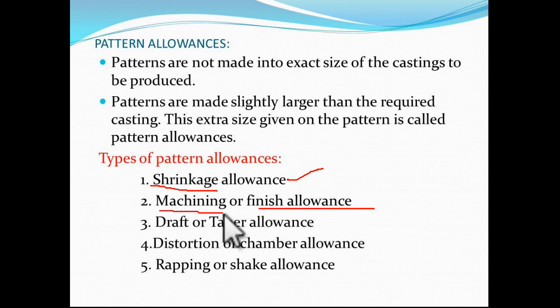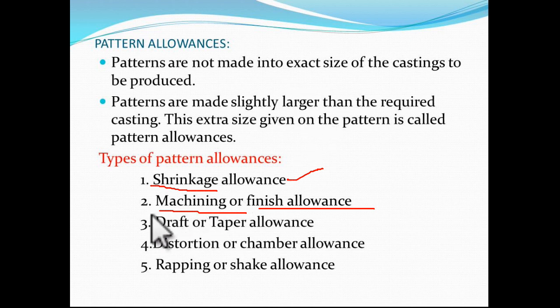This allowance is required because after the metal is poured into the cavity and solidifies, we get the final product from the sand mold. It looks like it is not up to the mark as far as surface finish is concerned, it is not at the expected level, so we should finish it. Already we have given some extra size to the pattern.